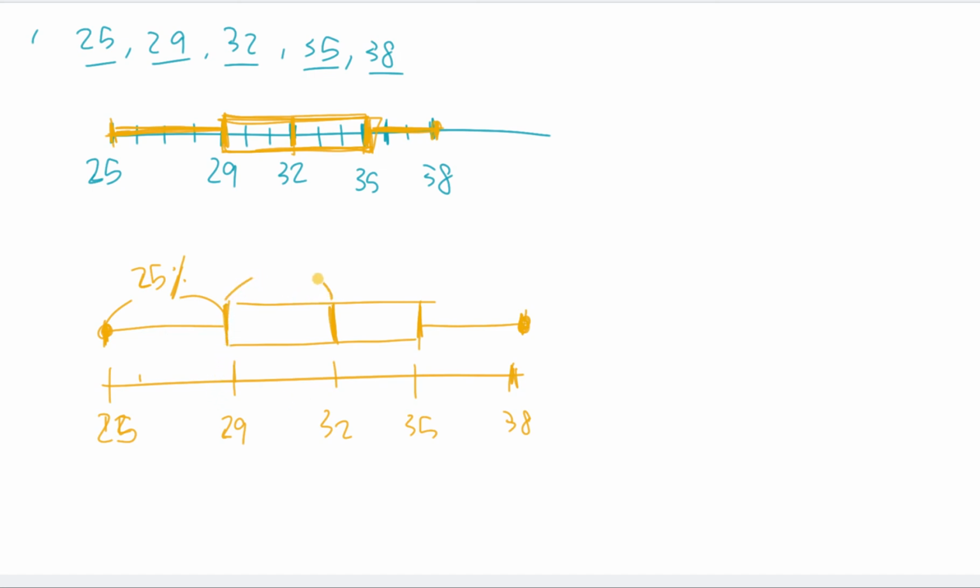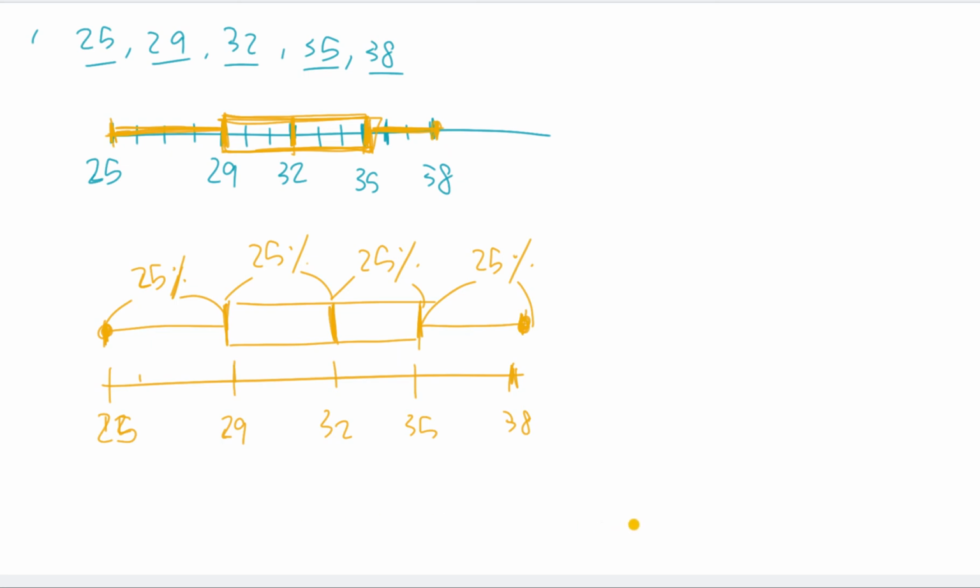And also from here to there is 25%, and that's 25%. And from Q3 to the maximum, there are 25%, because we distributed the data equally. The same amount of data are in each of these, right? So we can see that that's 25 percentile, that's 50 percentile, that makes 75 percentile, and the total is 100 percentile.